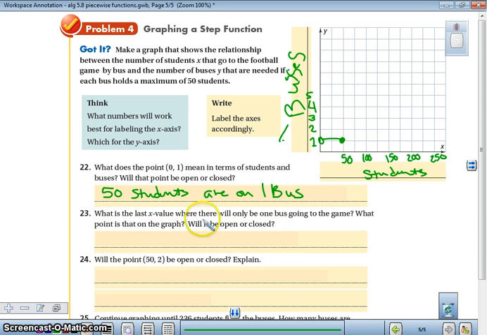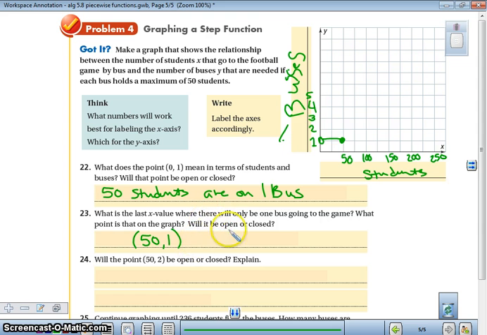It says, what is the X value where there will only be one bus for the game? So what point is this on the graph? What is the last X value? The last X value is 50.